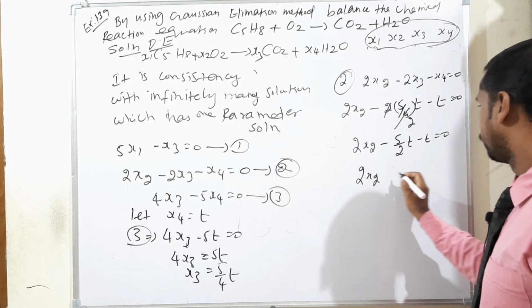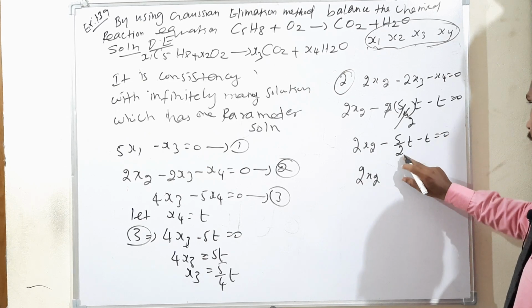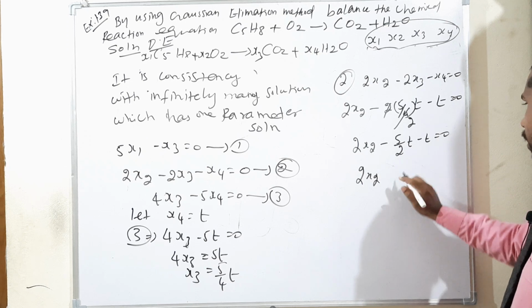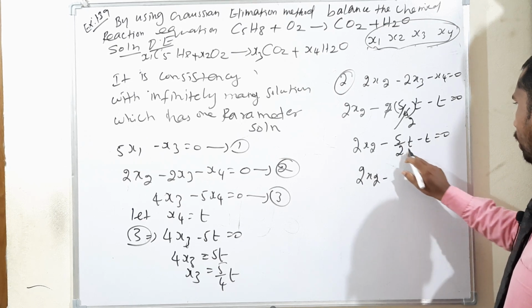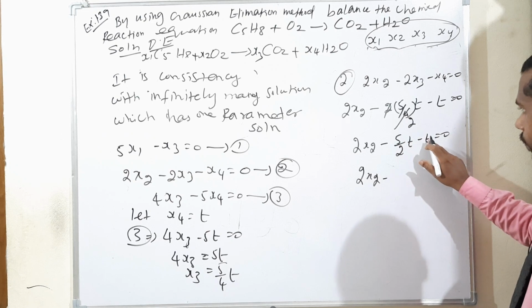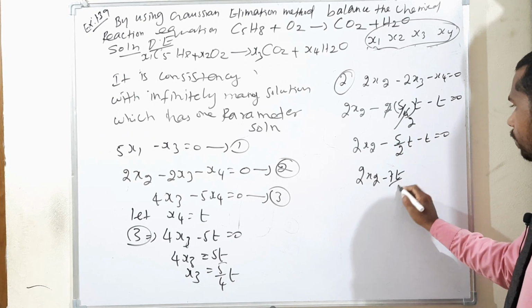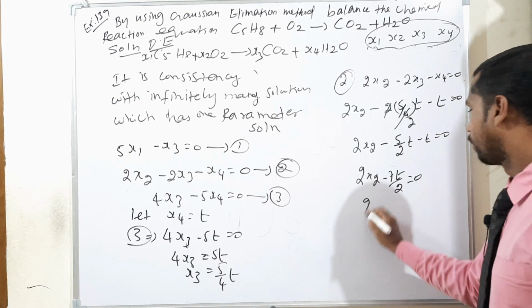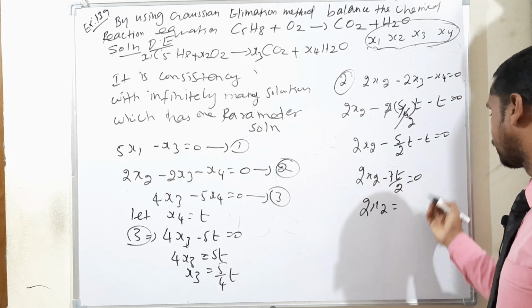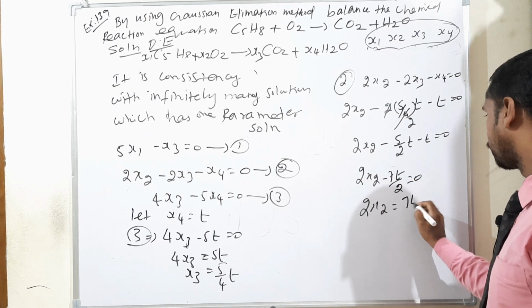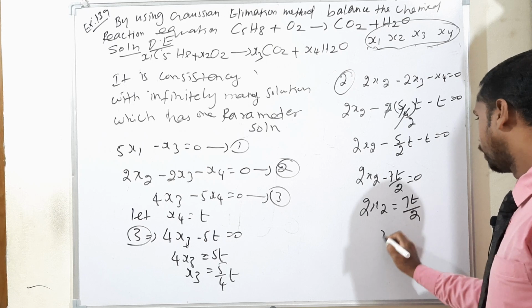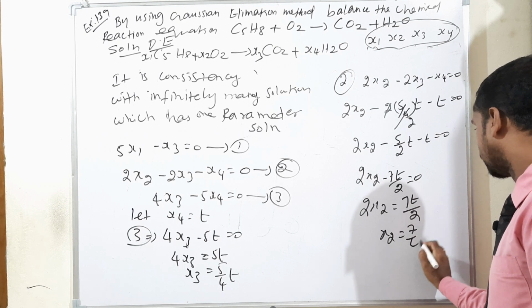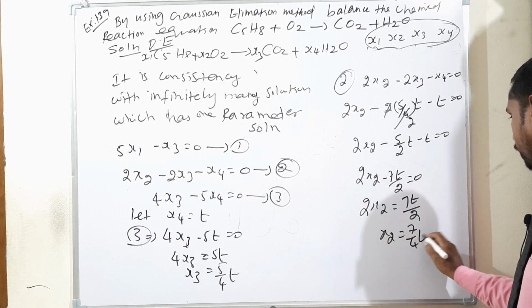Taking the common denominator 2, we get minus 5t minus 2t, minus 7t by 2, equal to 0. Therefore, 2x2 minus 7t by 2, bringing it to the opposite side, positive 7t by 2. Therefore, x2 is equal to 7 by 4 into t.